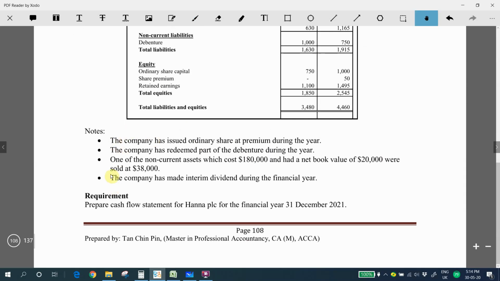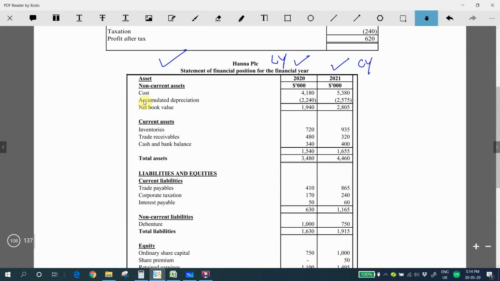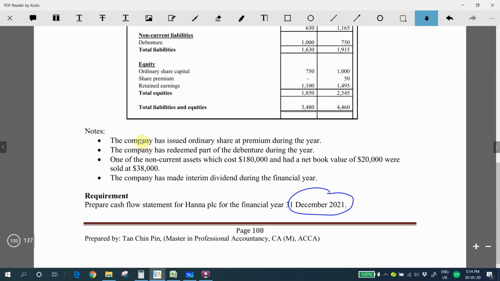And what is the requirement? We have to prepare a cash flow statement for Hana Private Company for the financial year 31st December 2021. So let's look at the additional information first. The company has issued ordinary share at premium during the year. This is the first requirement.